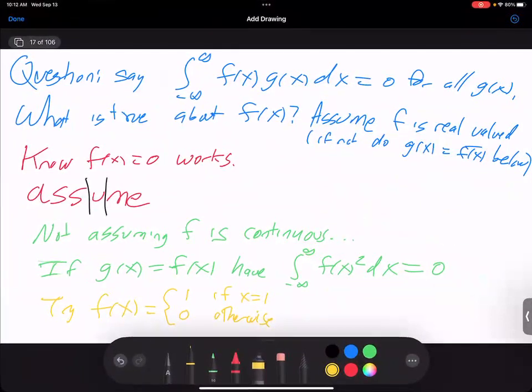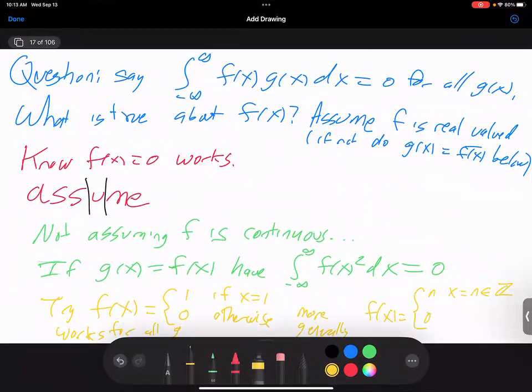This works for all g. More generally, I could take f of x equals n if x equals n, which is an integer, and 0 otherwise.